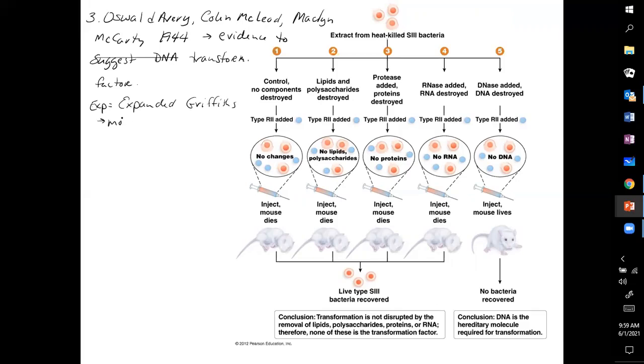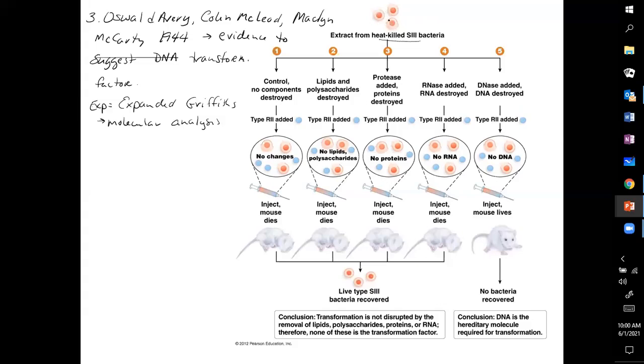To do molecular analysis of what might be transferring. So rather than using heat-killed S, that was the starting point. So up here, we're starting with heat-killed S bacteria. Now these would not cause pneumonia, right? The R strain alone wouldn't cause pneumonia. If you mix those two together, they would cause pneumonia in the mice.